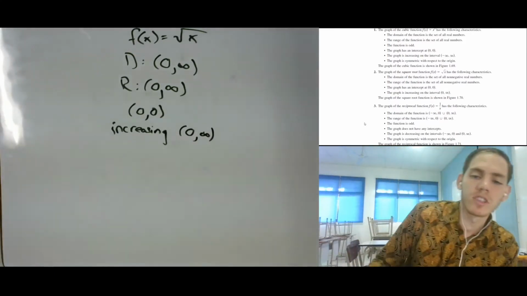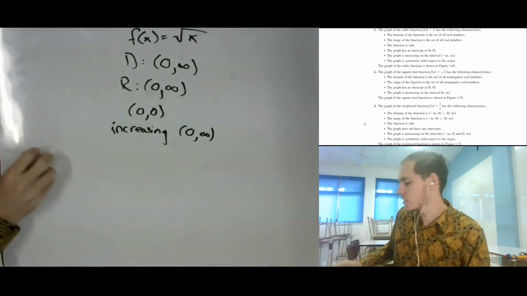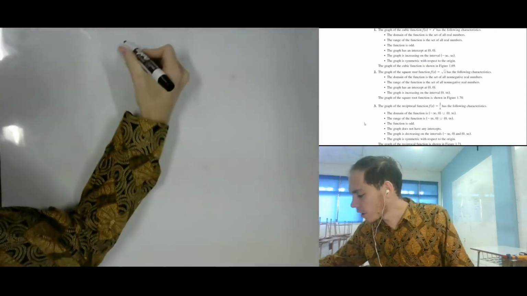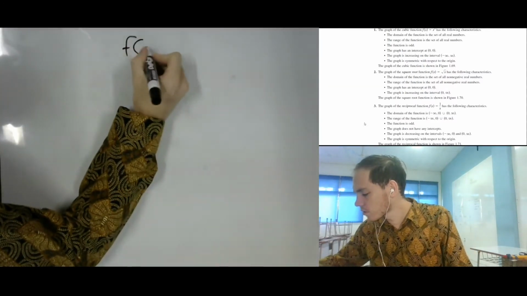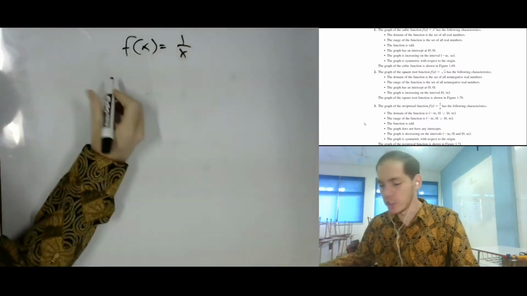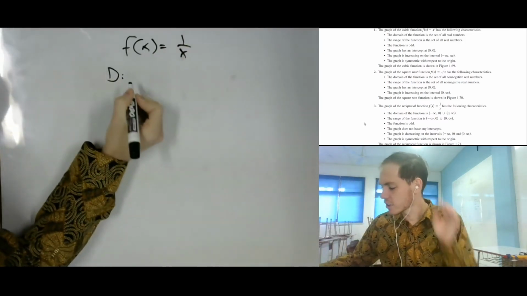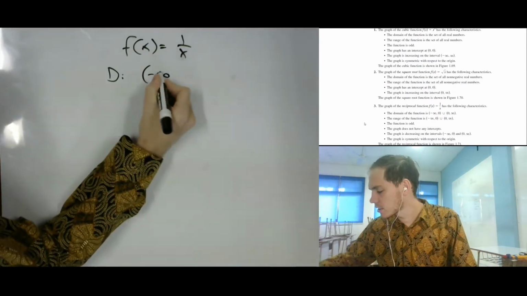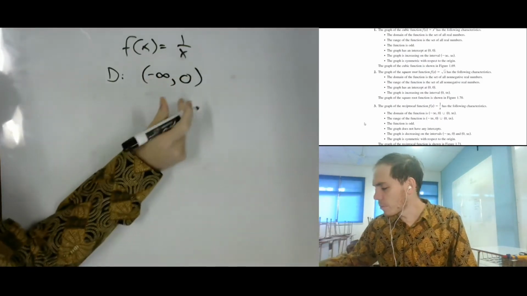Okay, reciprocal. Reciprocal is 1 over x. So this is a key transition point where we need to see some stuff. So when we write domain in interval notation, we're going to get open parentheses, 0, open parentheses.